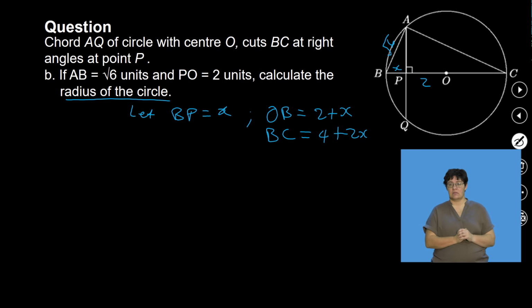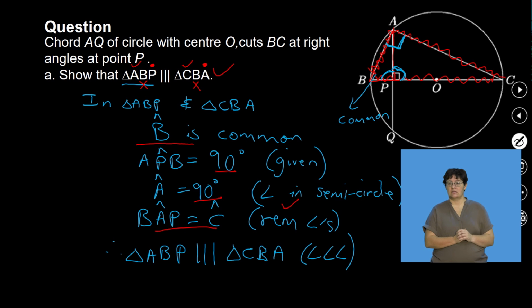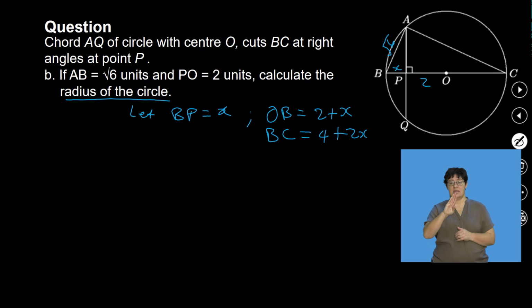So I'm going to go back to the ratios that we wrote. It's ABP and CBA, so I'm just going to write them here. For the ratio with AB, I am given AB.